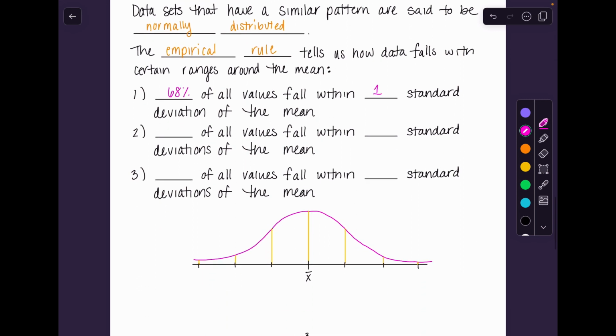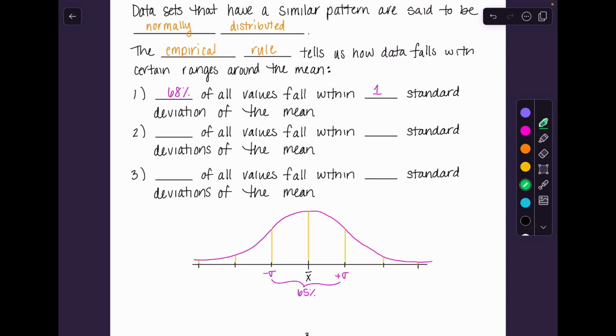What I'm going to do is give you a little chart to show you what this represents. Here's our mean in the very center. It's where most of your data should be. If I add one standard deviation or subtract one standard deviation, between these 2 values should lie 68% of your information.